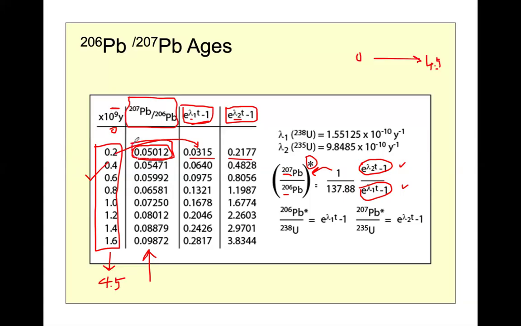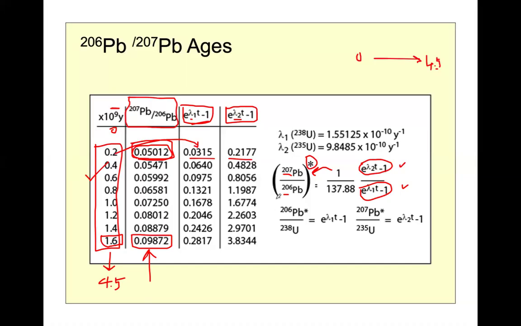Understand? If your rock is 1.6 billion years old, this rock today must have radiogenically produced this amount of 207 to 206, according to this equation, which was derived from the two natural radiogenic decay equations.